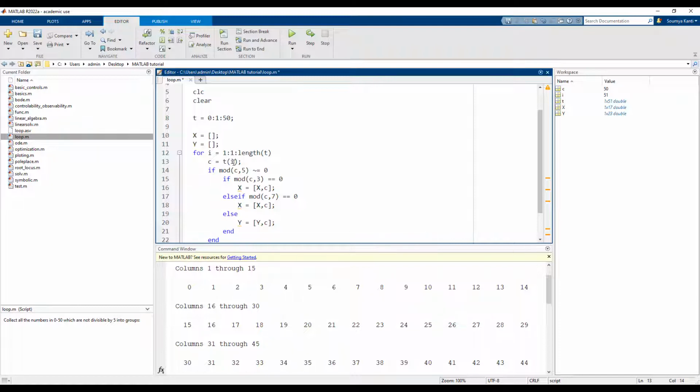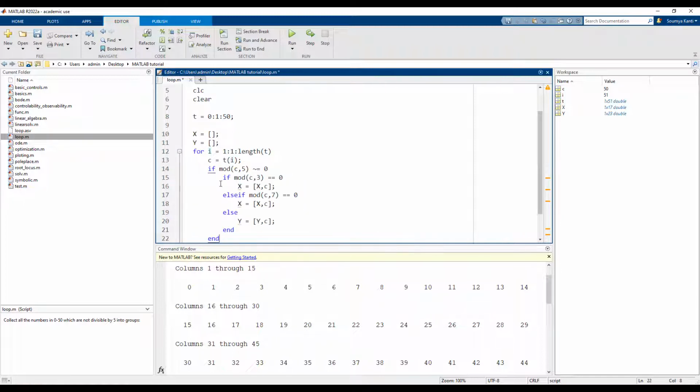In other places, like in C, the first position is actually 0, but in MATLAB it starts with 1, so you need to be careful about that. So I am also starting with 1. I am storing each of them. I am taking the first element now, so i is 1, so t of 1 will take 0.